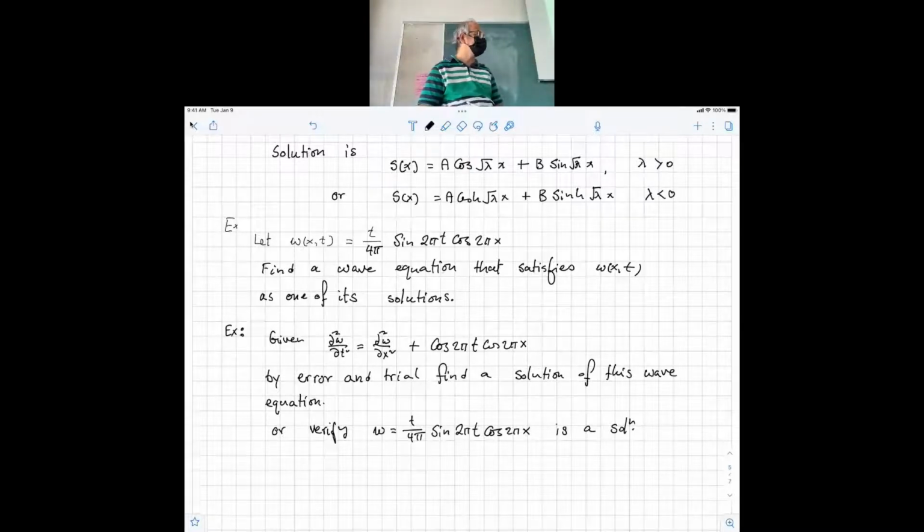You can verify that this is a solution. Maybe the purpose of this example is to tell you that there are PDEs where it is not easy to see a particular solution. This is one. You can give it a try 2, 3 times, 4, 5, 7, 8 times. Maybe you cannot get it, and sometimes you can get it. But I have given you the solution, so you can take that and verify that.